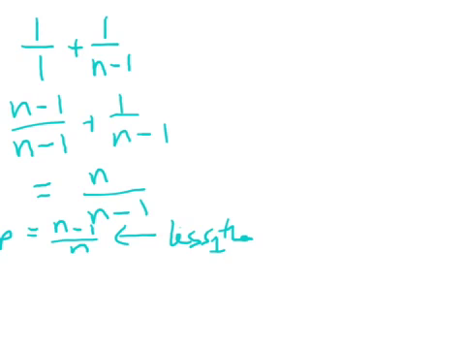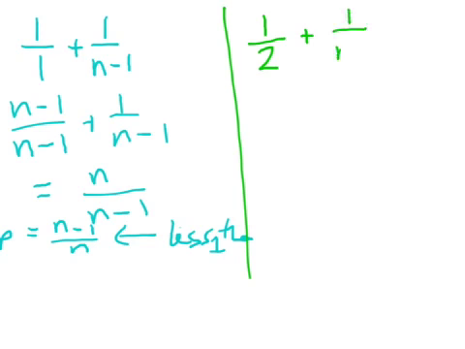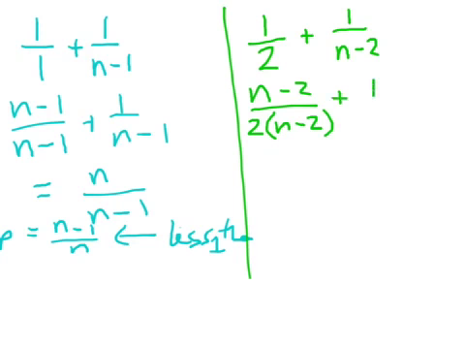If n equals 6, you would have 1 over 2 plus 1 over n minus 2. Okay, you with me? Because you've taken 2 off. In which case this is going to have to be n minus 2 over 2 times n minus 2, plus 1 over 1 over n minus 2.